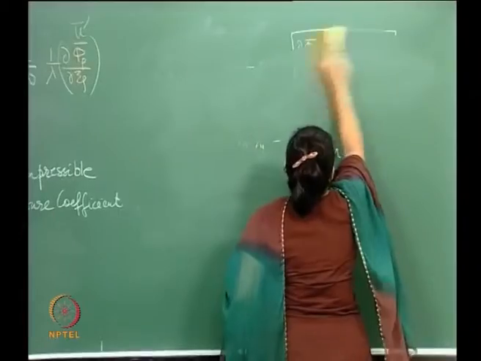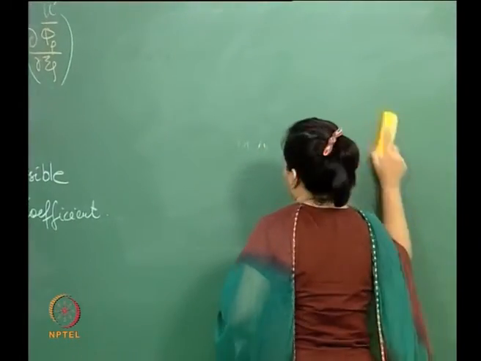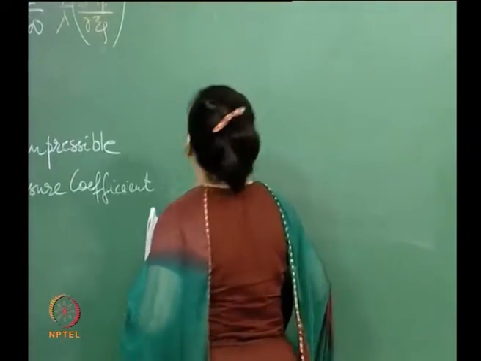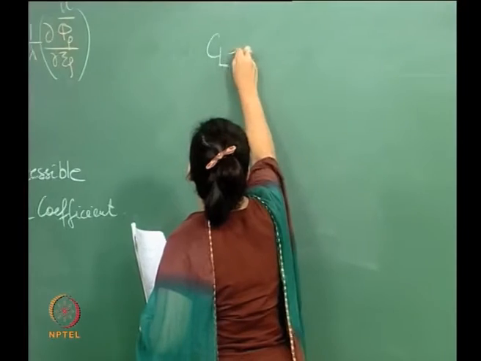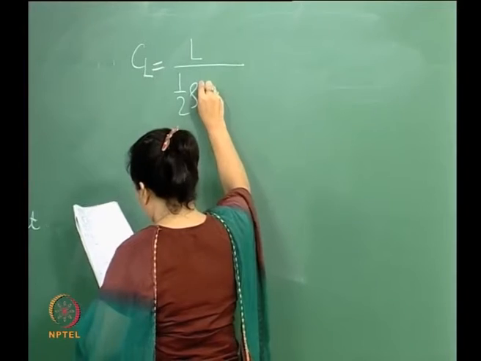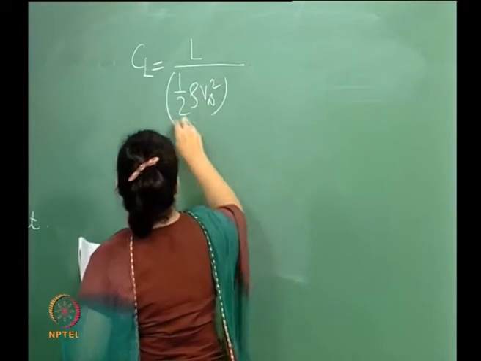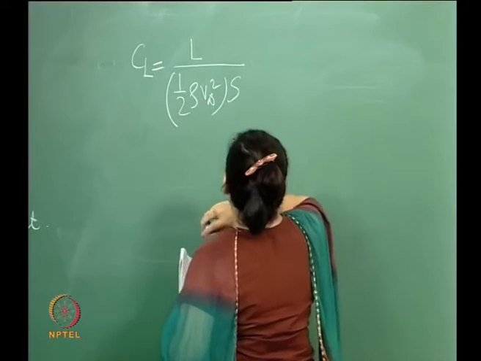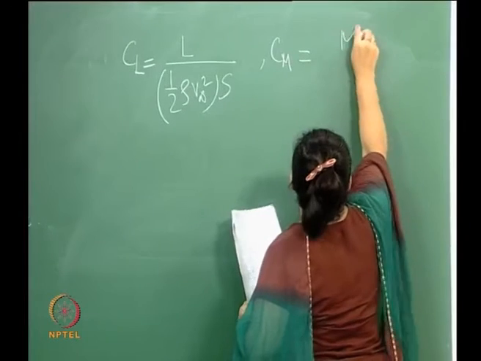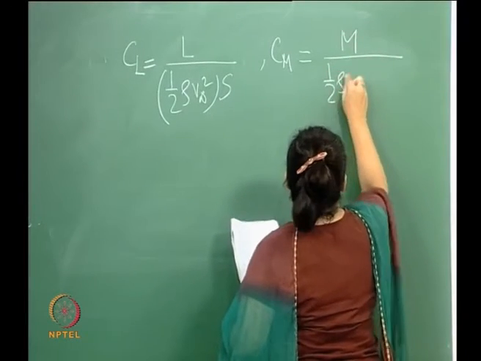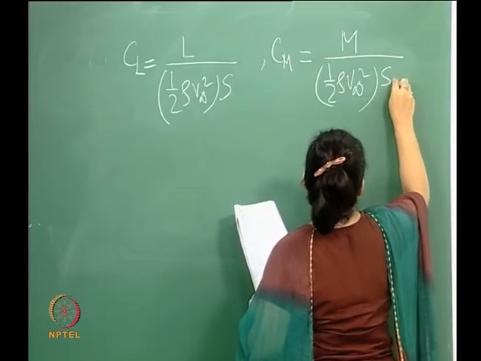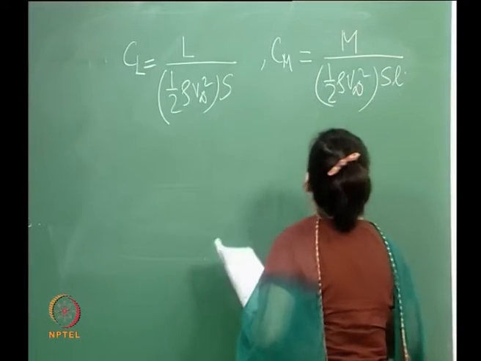Okay. So, briefly before we close for today, I will just write down the coefficient of lift, taking a cue from this similarity rule. The coefficient of lift is lift divided by dynamic pressure times an area, and similarly Cm is nothing but this again, because I have m there.